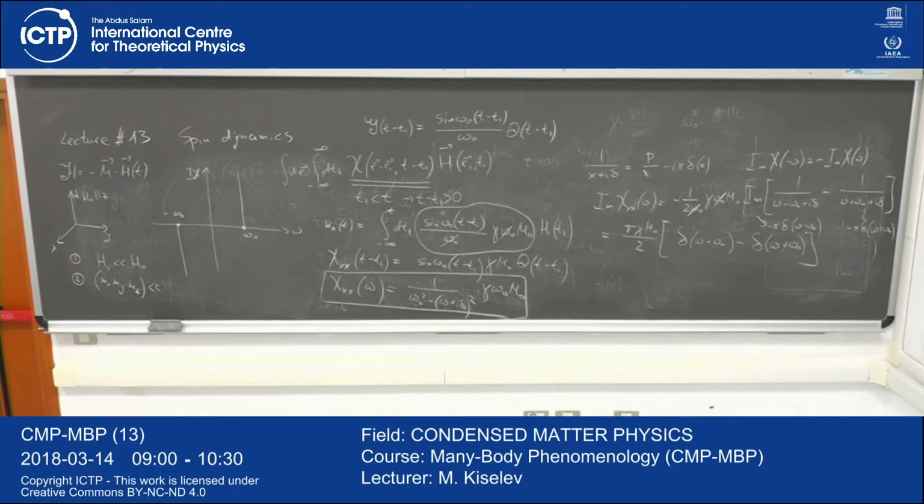Good. I deliberately did that, showing you two delta functional peaks, because in the remaining part of the lecture we consider the problem with friction, so to say. We will consider the same Bloch equations with finite longitudinal and transverse relaxation times, and you will see that this delta functional peak will be transformed into some Lorentzian, with the Lorentzian having some width, and this width tells us about dissipation in the system. Okay?